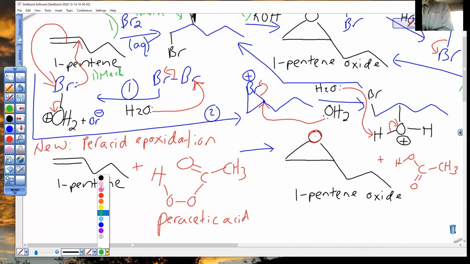I'm going to go with light pink mechanism. Pi attacks O. We do that because O has an adjacent O, and that makes it suffer from lone pair repulsions. So normally you don't see O attacked, right?